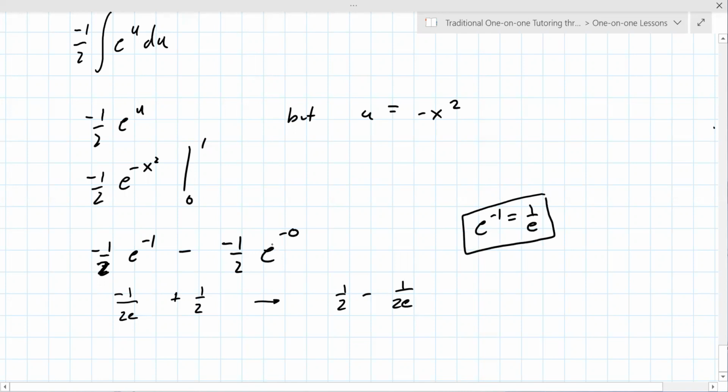This 0 is neither positive nor negative, but you can put a negative in front of it if you need to. But it's just 0, so it's just 1. Okay, yes. So then that's -1/2e plus 1/2.